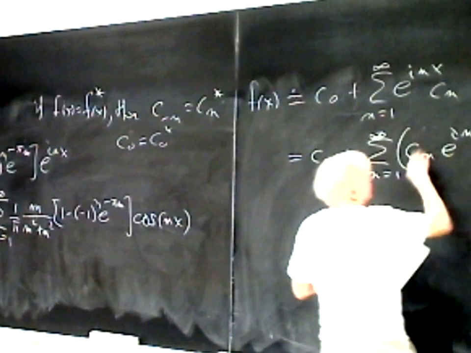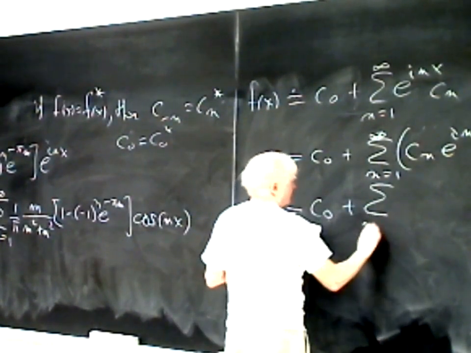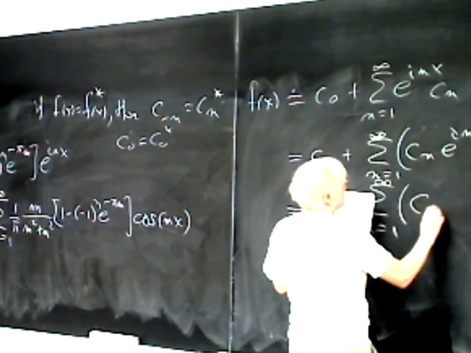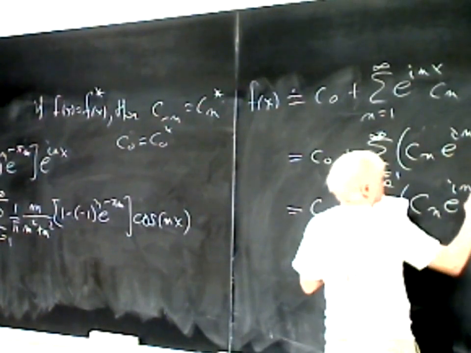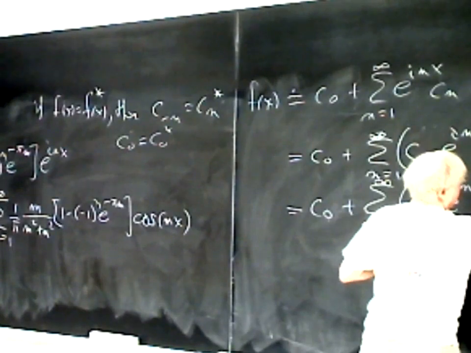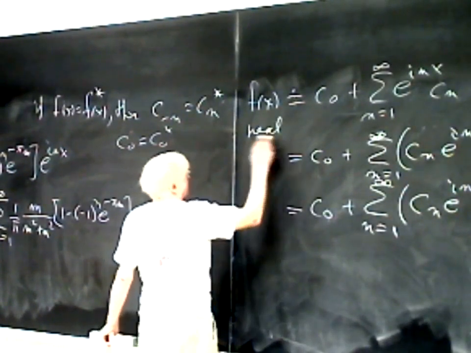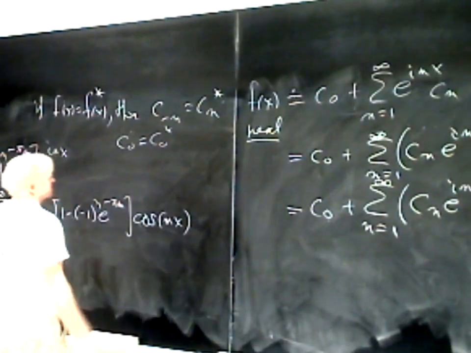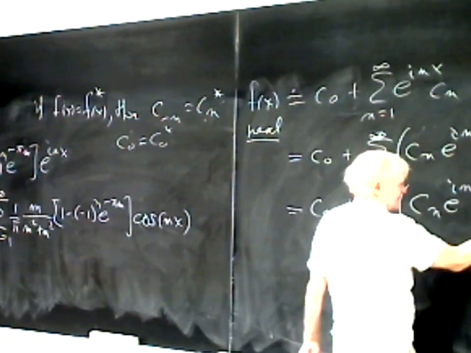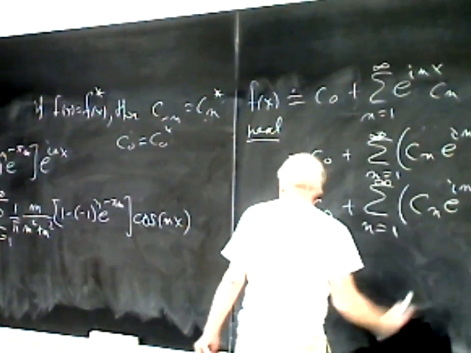So we can combine the two sums. This then is C0 plus the sum n equals 1 to infinity of Cn e to the i n x plus Cn star e to the minus i n x. This is because the function f is real. So this only works for real functions where c sub minus n is Cn star. Now we expand the exponential.